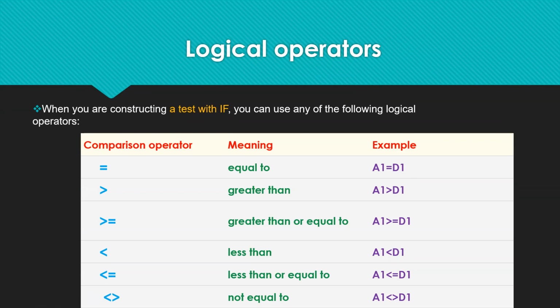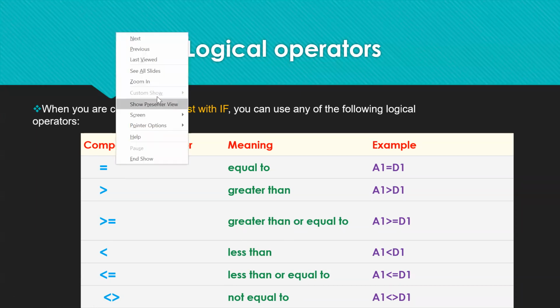Now, logical operators. When you are constructing a test with if, you can use any one of the following logical operators. To test whether two numbers are equal, you can use equal. If a number is greater than, we can use the greater than symbol. There are symbols like less than, greater than, less than or equal to, and not equal to. You can use any one of these in the logical statement.